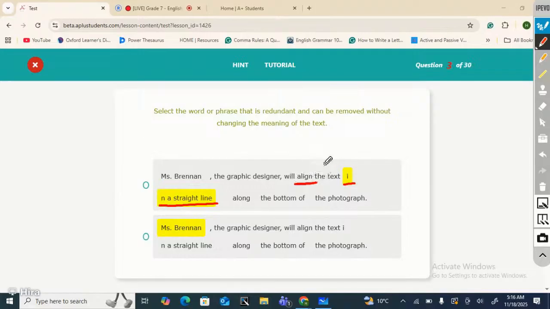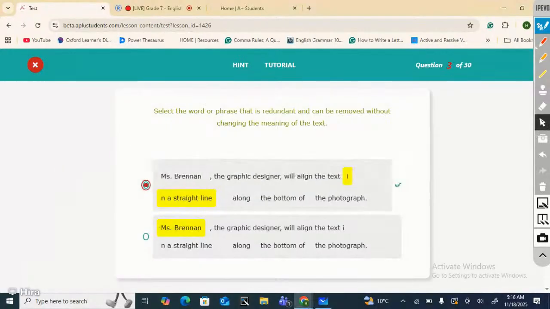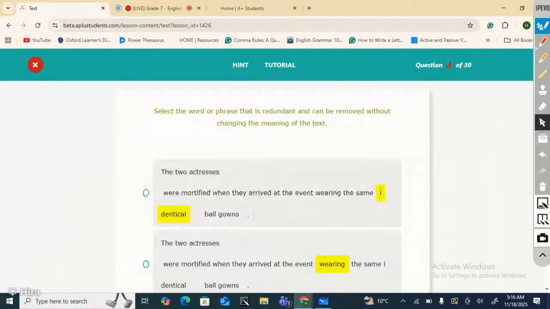So align means this thing. It implies this meaning. Being in a straight line is redundant. So it can be removed from the text without changing the meaning of the text. So we'll select option one, which is redundant. Good job. You guessed it right.